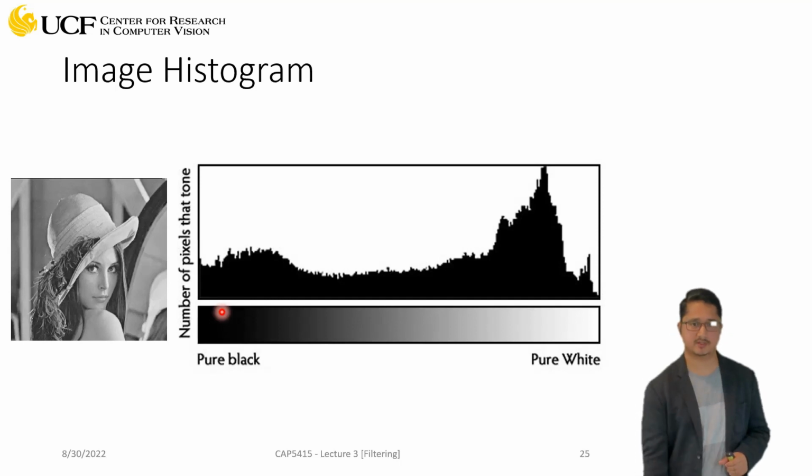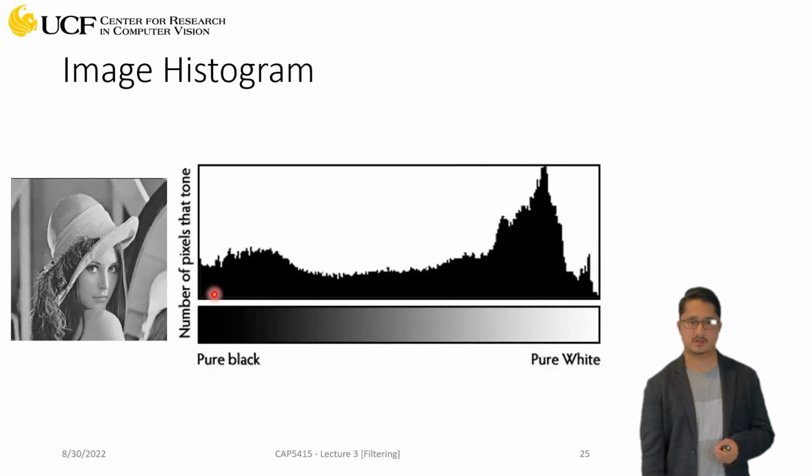Let me try to explain this using an example. This histogram over here is coming from this image, and the x-axis starts from 0, which is pure black, and you move towards the right, which is pure white. The numbers increase all the way up to 255.